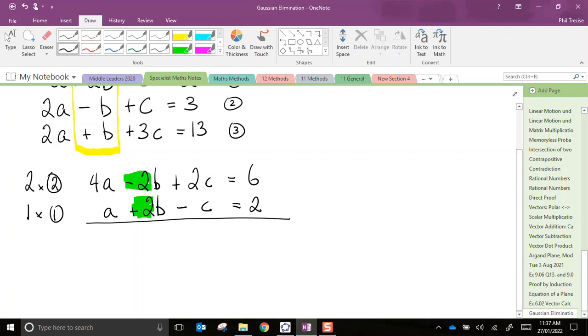So if I add these two equations, 4a plus a is 5a. The b's cancel as I wanted. 2c plus c is 3c, wait, 2c take c is plus c, equals 8. That is a linear combination of equation 1 and equation 2. I've managed to get rid of pronumeral b. I will refer to this as equation 4.